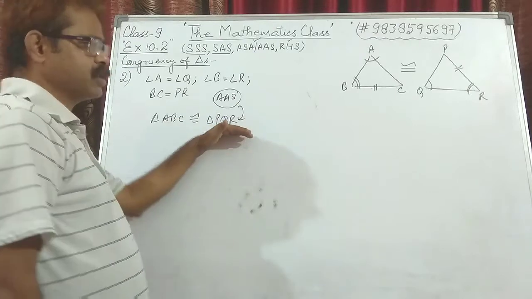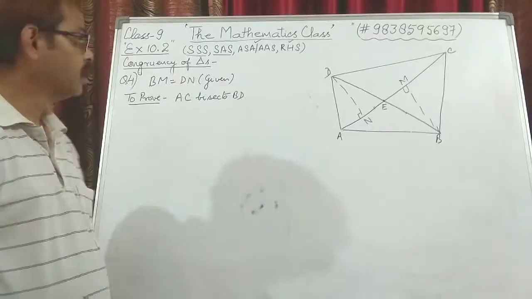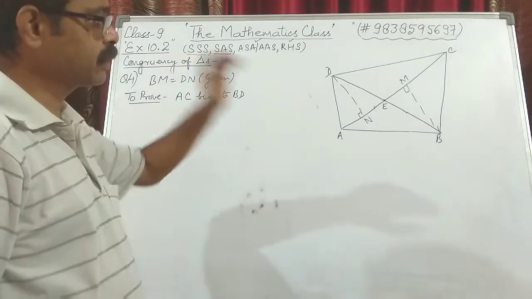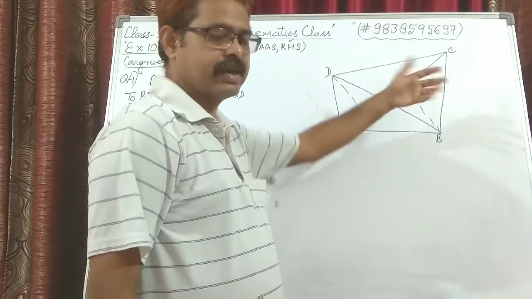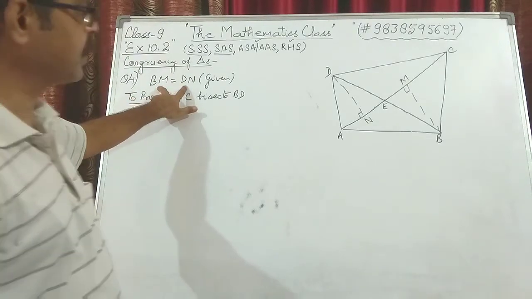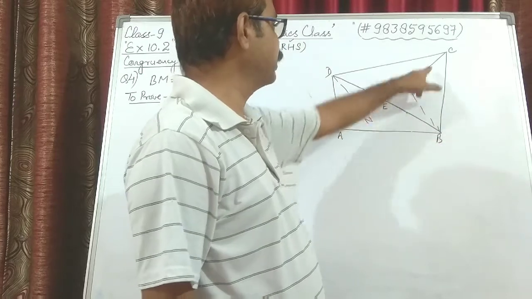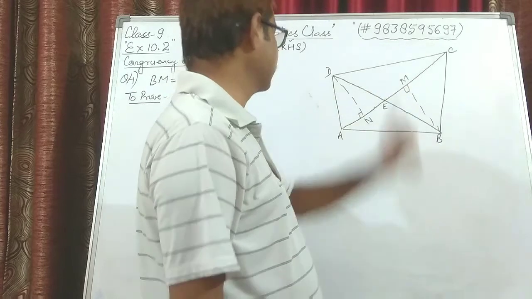This is the very basic question. Now we move on to question number 4. It is given that they are referring to the diagram. ABCD is the figure given, and in this it is given that BM and DN are equal. BM is a perpendicular from B to AC and DN is a perpendicular from D to AC.